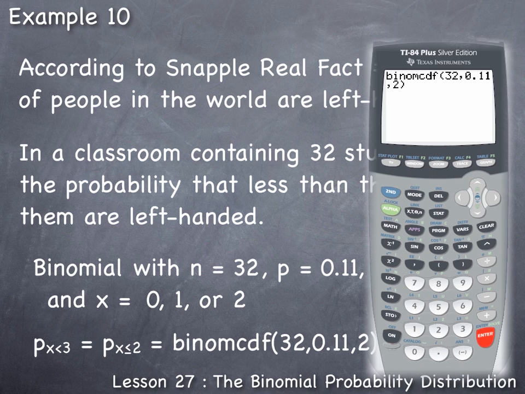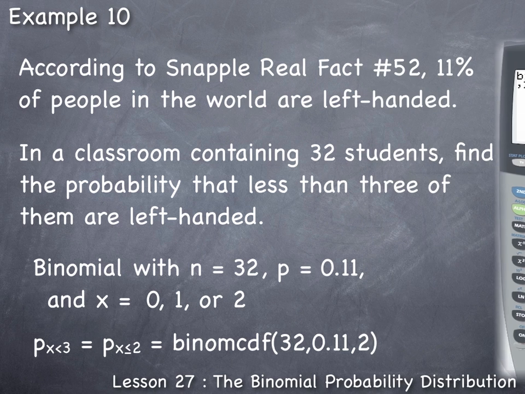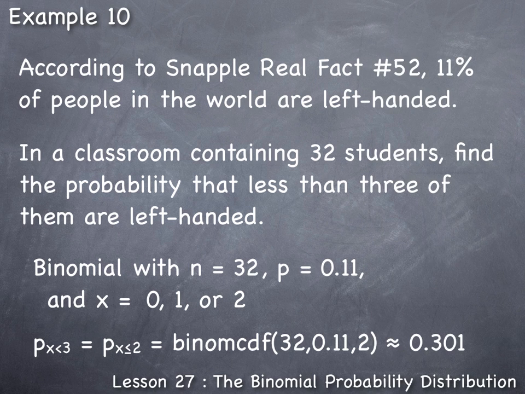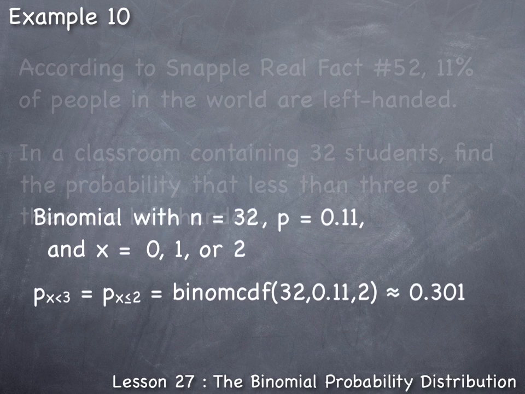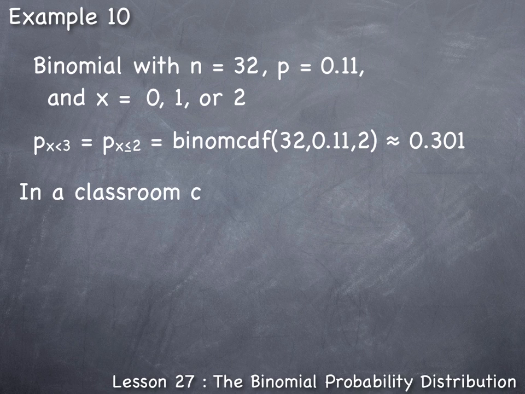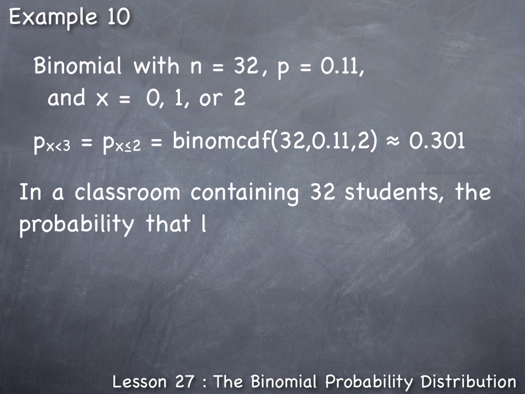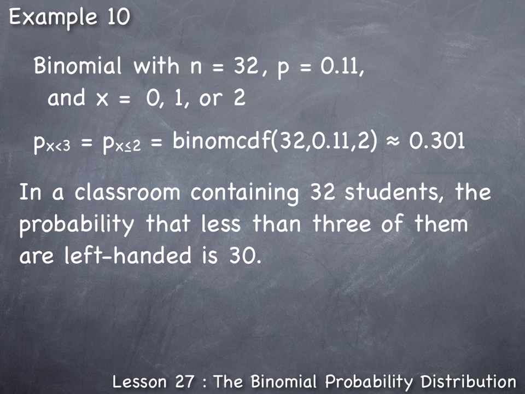Close parenthesis, enter, gives us our result, which rounds off to 0.301 decimal. So here's our probability, 0.301. So, in a classroom containing 32 students, the probability that less than 3 of them are left-handed is 30.1%.